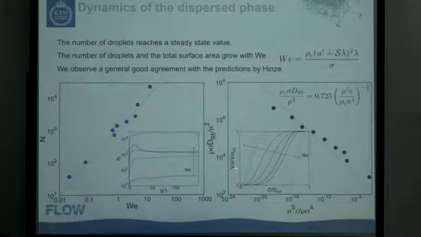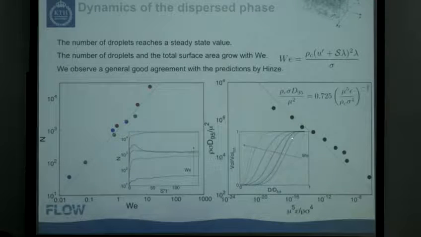This is the diameter of droplets normalized by the largest one, and this is the volume occupied by droplets with size lower than this d. That means that if I take this line, which is 0.95, it means that 95% of the volume of the suspended phase is in particles which are of size below this d.